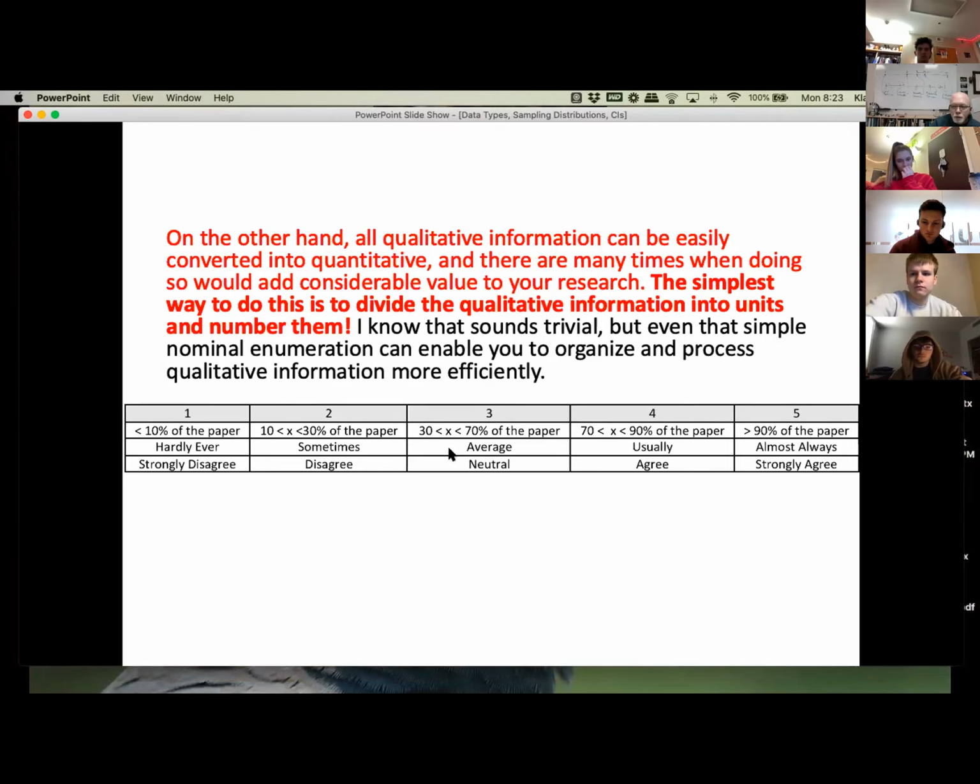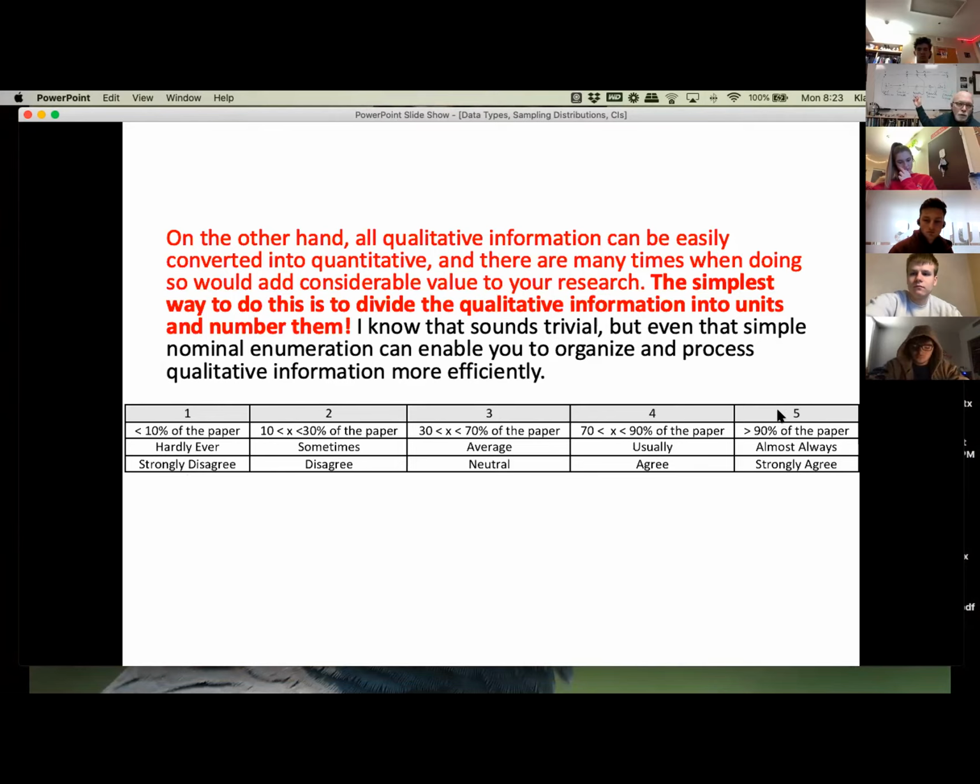And those two differences are the same as the difference between neutral and agree and strongly agree. So you can take these verbal statements and convert them to interval scale data, but only if you can provide some evidence that these things are actually at set intervals.